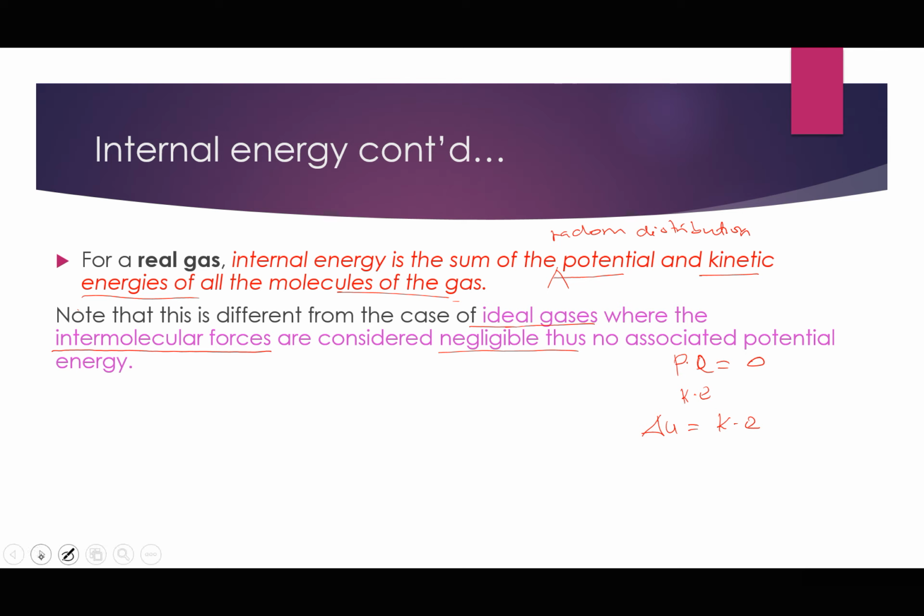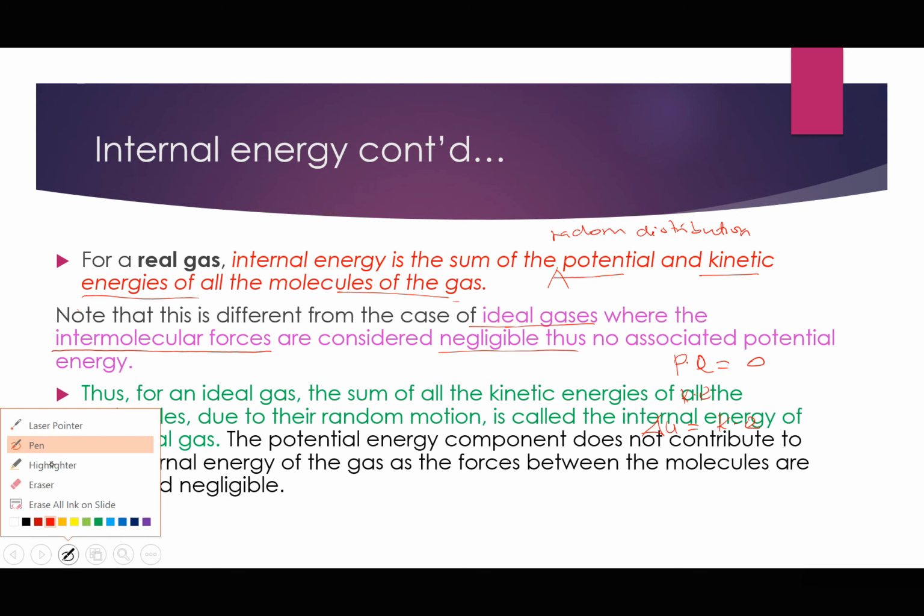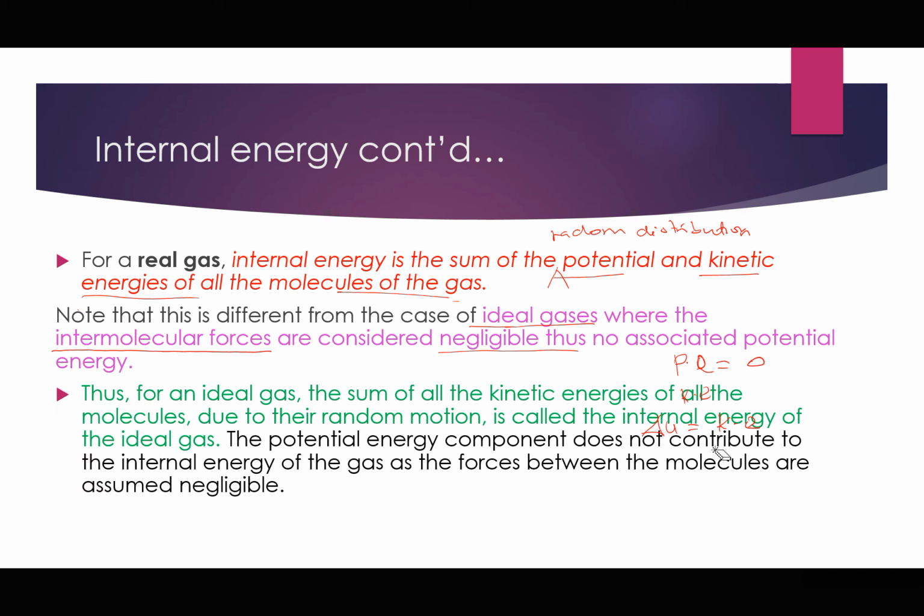So we shall not think of the potential energy contribution when we are dealing with an ideal gas, because we have already emphasized that for an ideal gas, the molecules are infinitely far from each other. Therefore, the potential energy contribution to internal energy becomes zero. So it's only the kinetic energy contribution that is considered. So this is for an ideal gas.